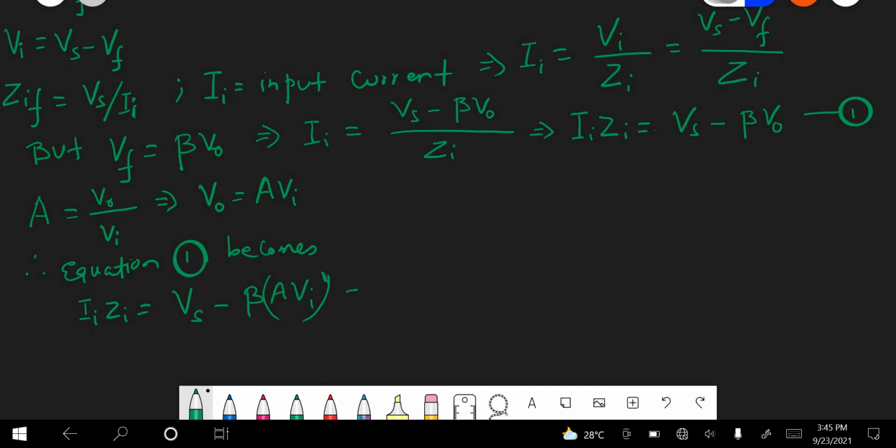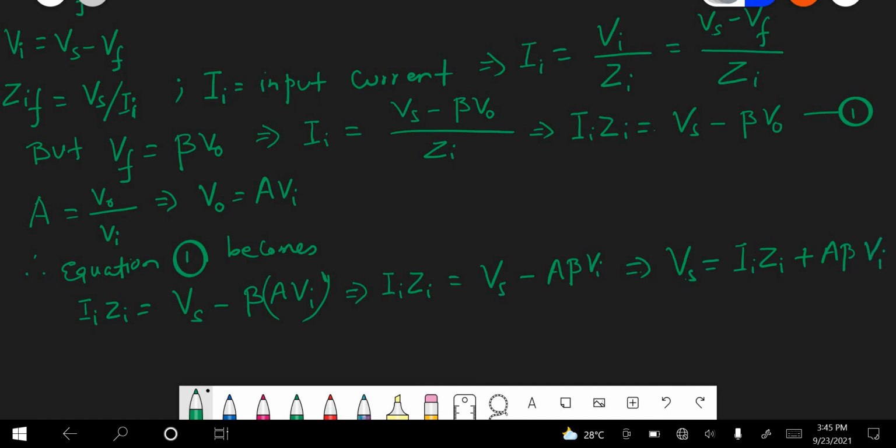This gives Vs is equal to Ii Zi plus A beta Vi.